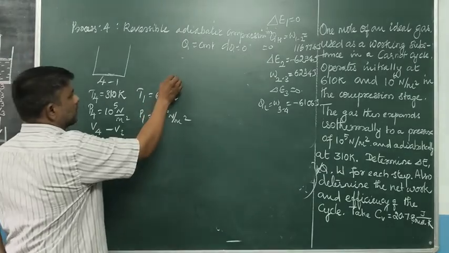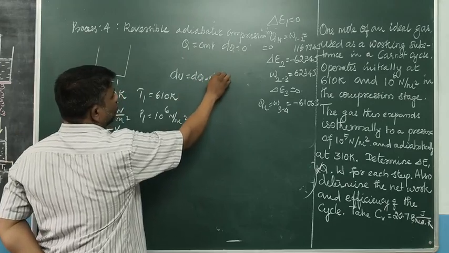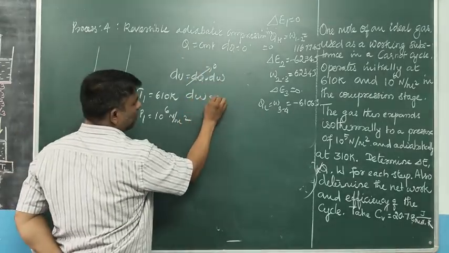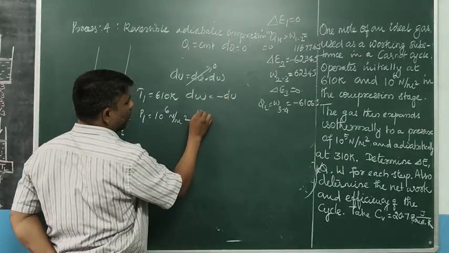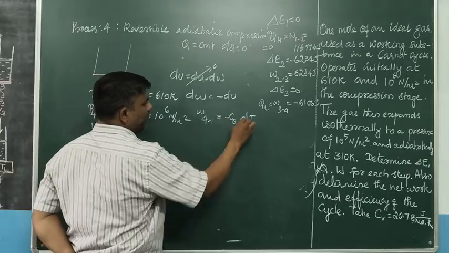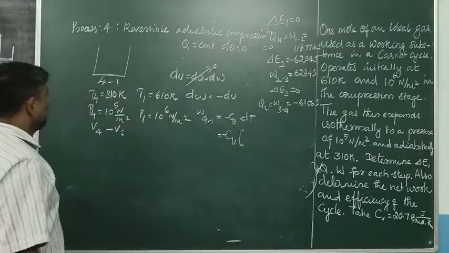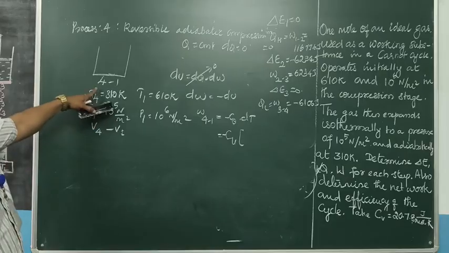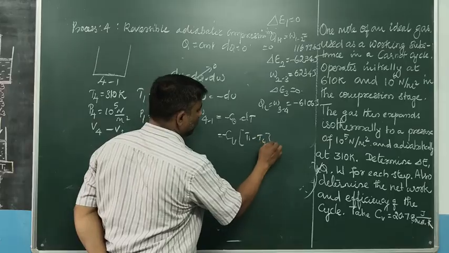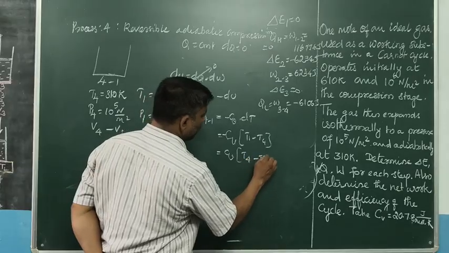The first law of thermodynamics says that du is equal to dq minus dw. dq gets cancelled. So dw is equal to minus du, or w4 to 1 is equal to minus cv into dt. Initial temperature is T4, final temperature is T1. So T1 minus T4. In order to eliminate the minus sign, CV into T4 minus T1.